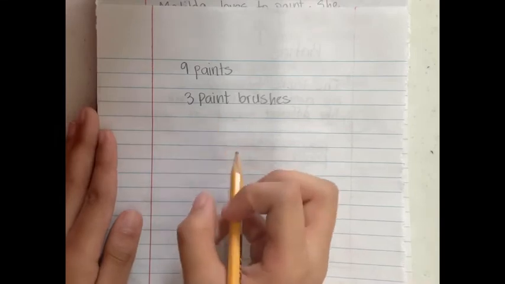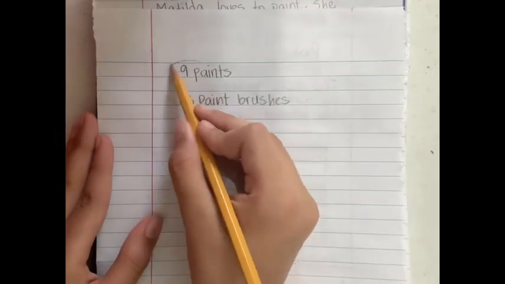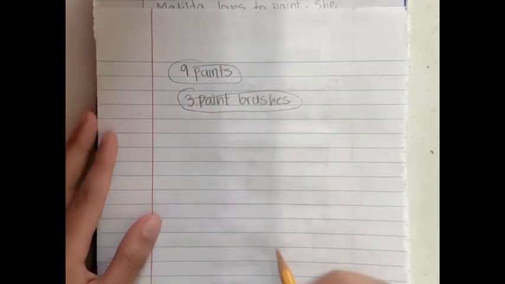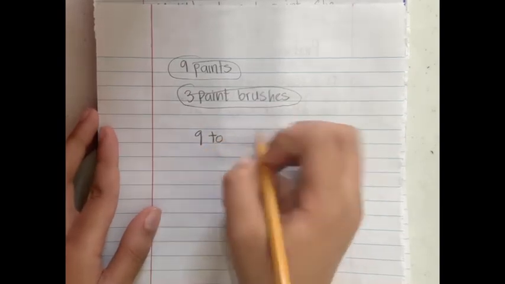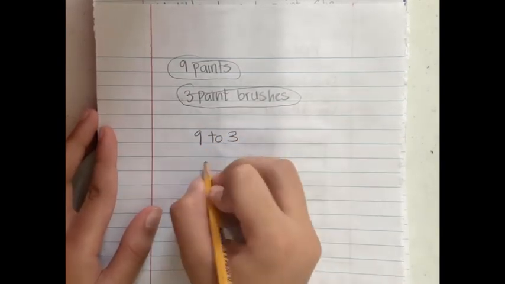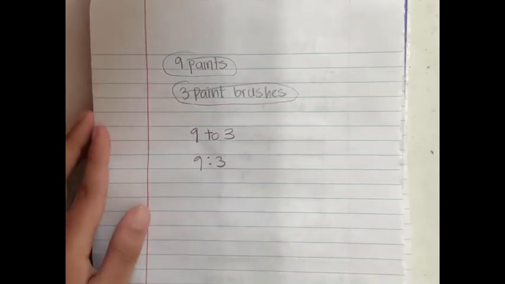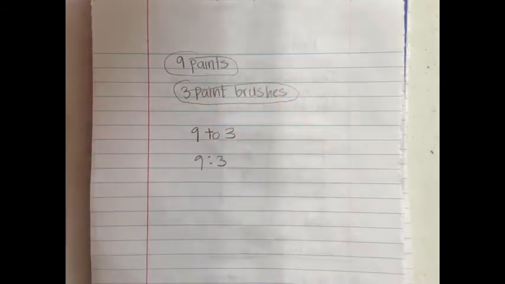Okay, we just switched this whole problem into first we have 9 and second we have 3. It's simple. We just have to swap the numbers to 9 to 3 or 9 over 3. So that's a simple way to write it if they have the switched way.